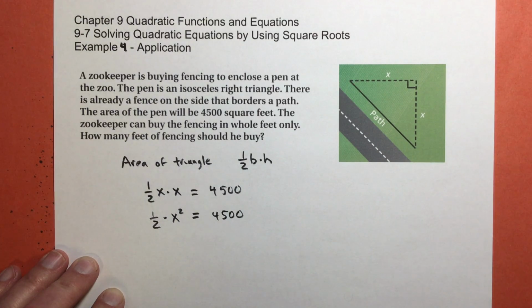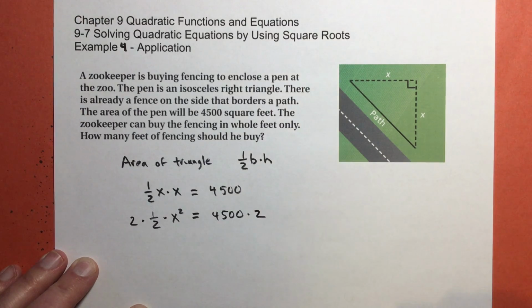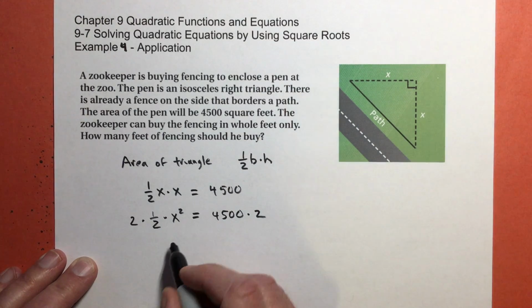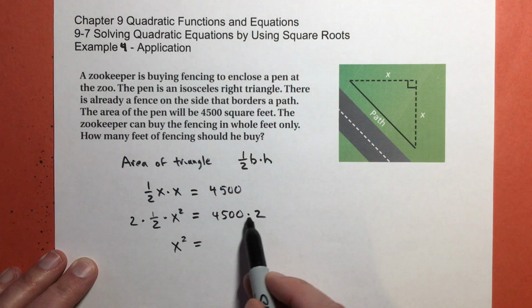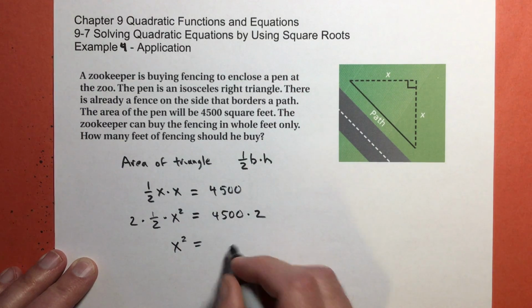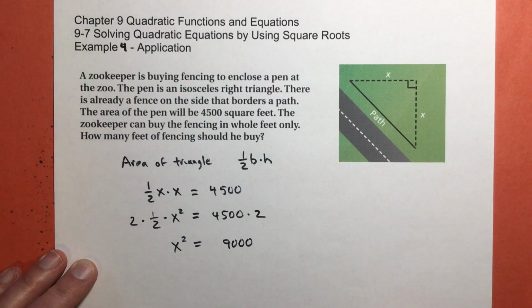We multiply by the inverse, which in this case is called the reciprocal. So I'm going to multiply both sides by 2. 2 times 1/2 equals 1, and I just get x to the second power. 4,500 times 2 is going to be 9,000. And you can do that on the calculator, that's fine.